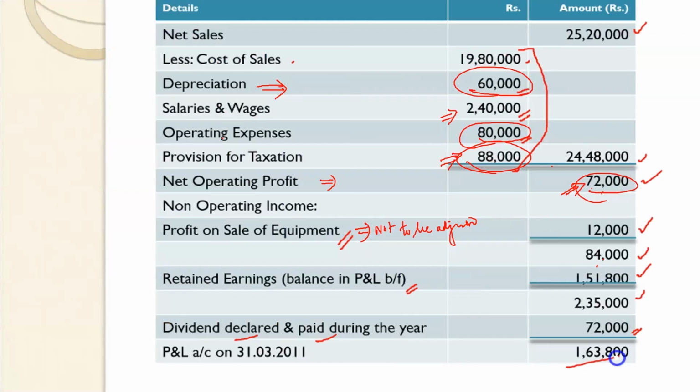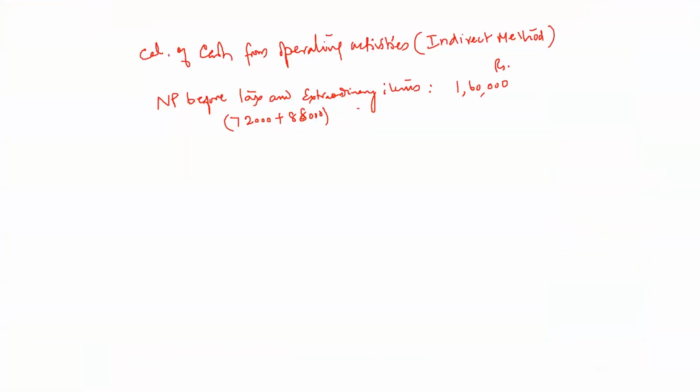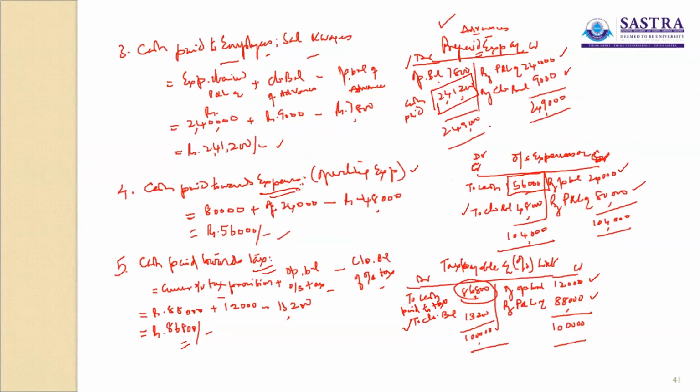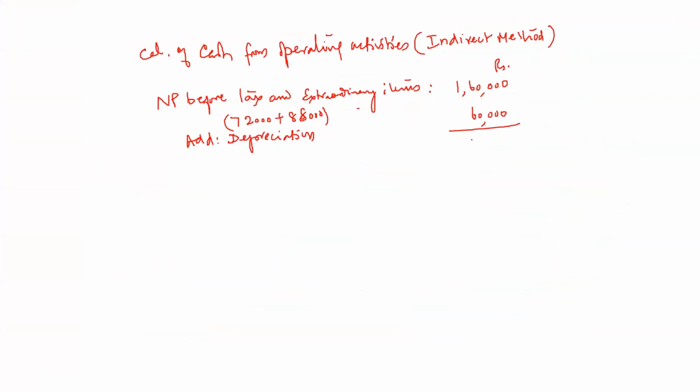Along with this, we have to add the non-operating expense of depreciation amounting to rupees 60,000. So add depreciation, because the net profit is arrived at after debiting depreciation of rupees 60,000, and depreciation is a non-cash expense. So 2,20,000 is your profit before adjusting changes in working capital, or it can be taken as operating profit.